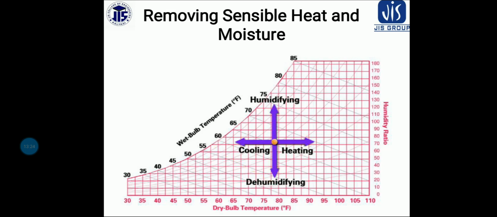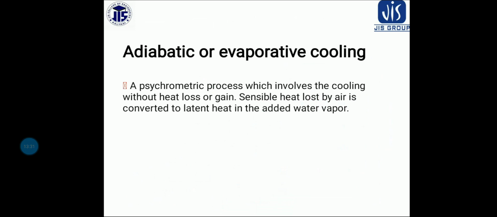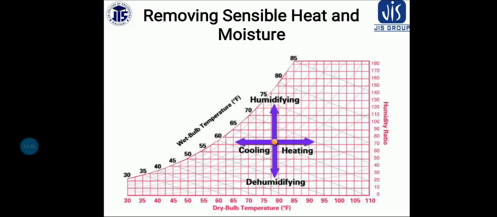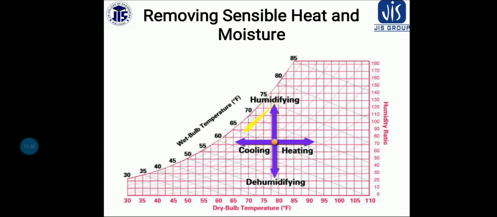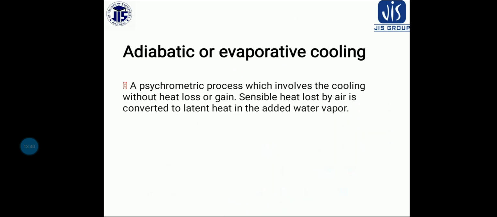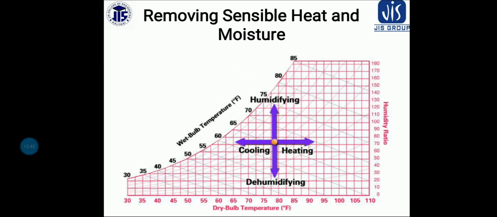This line is also the wet bulb temperature, and the enthalpy line is here, and this one is the relative humidity, RH, denoted by phi.